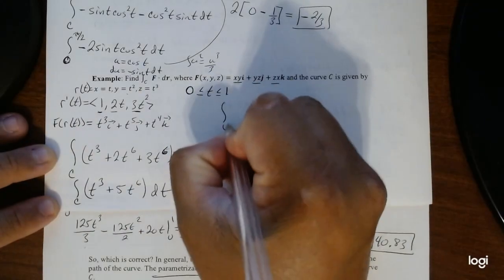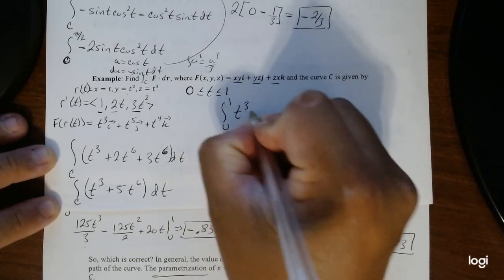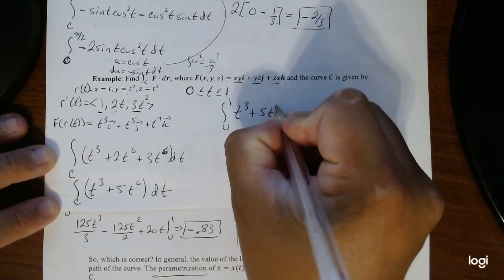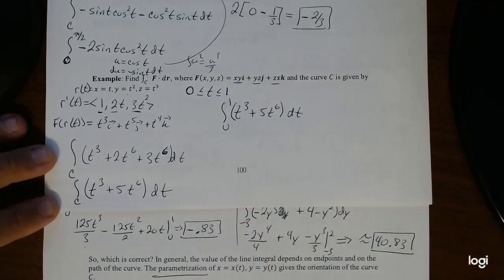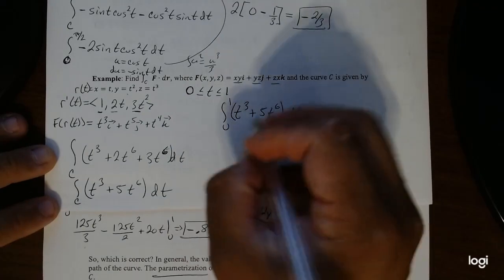So we have the integral from 0 to 1 of this nice process. Okay, integrating this.